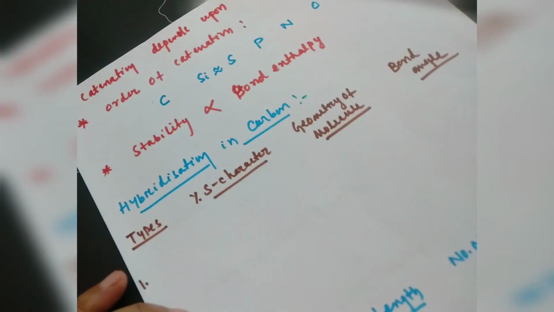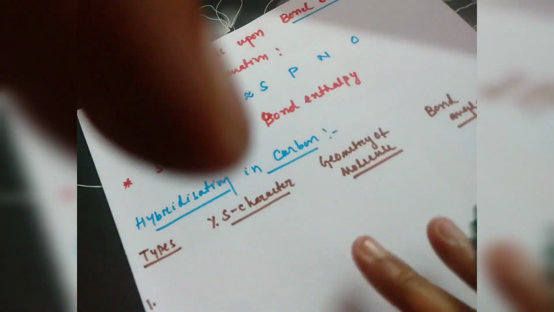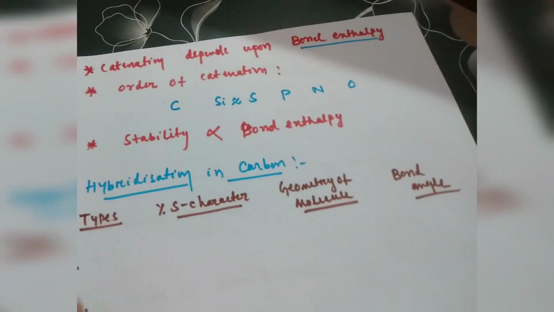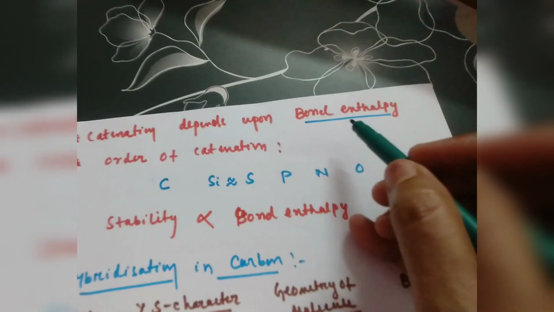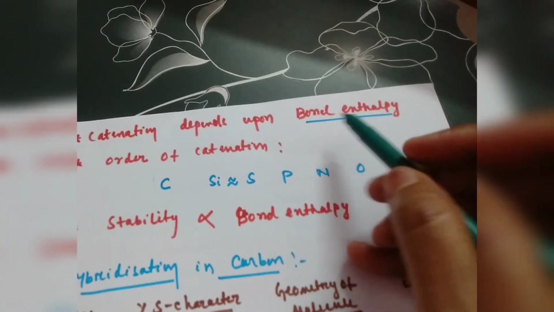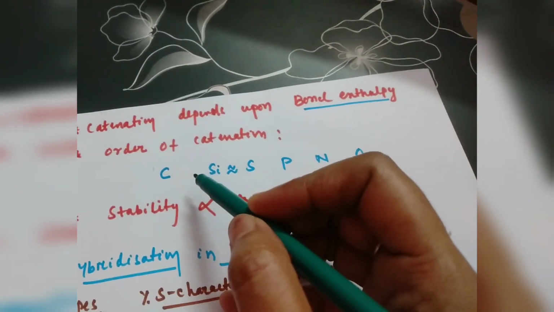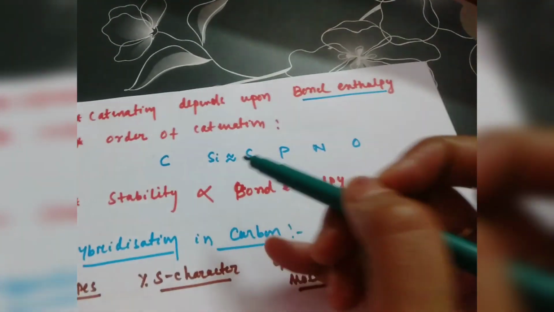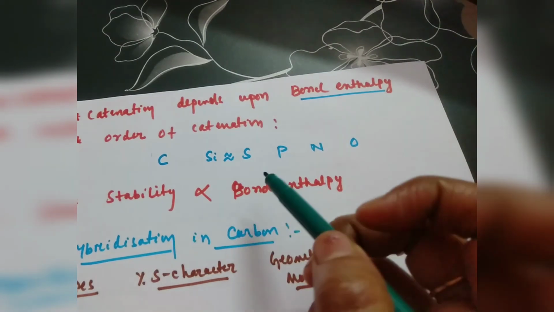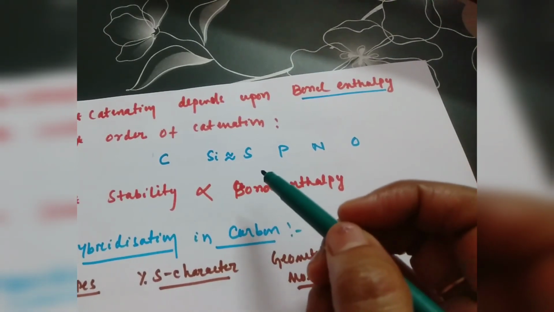Okay, now what are the factors on which catenation depends? Normally catenation depends upon the bond enthalpy. Bond enthalpy means bond energy. So catenation depends upon the bond enthalpy. Then what about the order of catenation and the stability of the catenation? Stability is directly proportional to bond enthalpy. And what is the order of catenation?